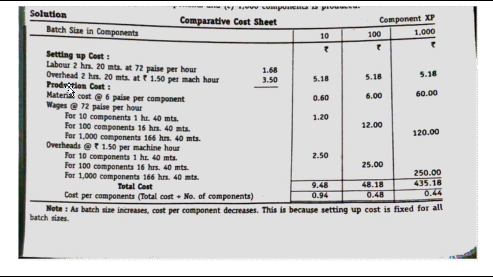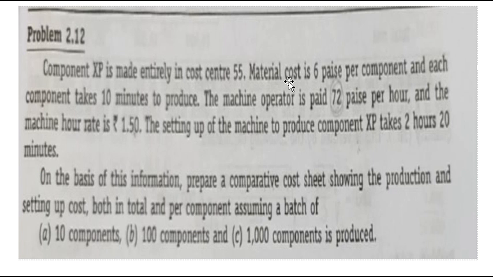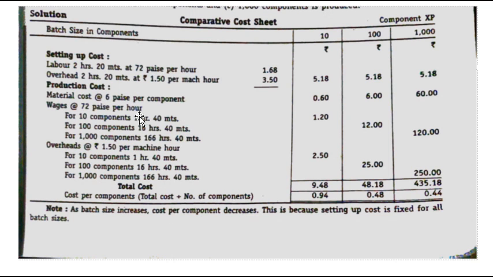So here your production cost is material cost at 6 paise per component, which is mentioned in the question, and each component takes 10 minutes to produce. So for one component it is 6 paise. How many components are produced? 10, 100, 1000.